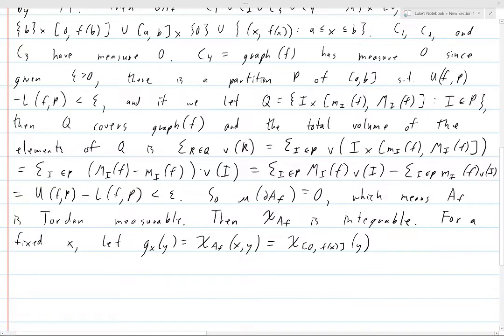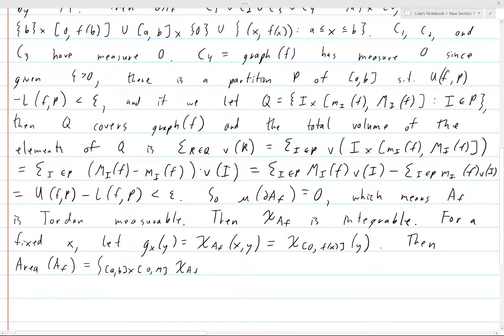Because then, if we try to compute the area of A_f, this is going to be the integral over the domain, which is [a,b] cross [0,m], where again we need this closed interval, and we're integrating chi of A_f.